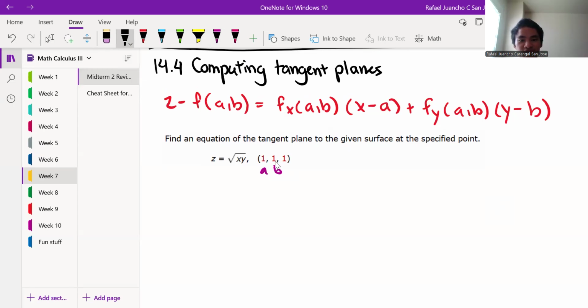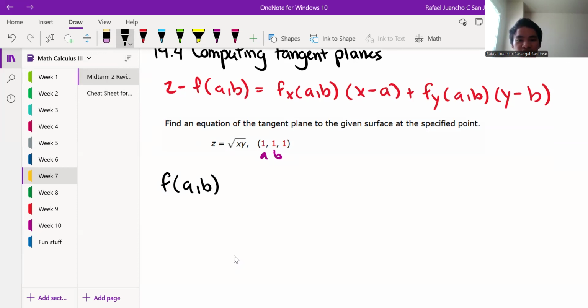So z minus f of (a, b). Actually, let's just plug in everything we need. Wait, do I need to plug in the z as well? Oh, I don't need to plug in the z. I just need to find the equation of the tangent plane. That's it. So f of (a, b) in this case is f of (1, 1), which is the square root of 1 times 1. It's 1, right? f of (a, b) is 1.